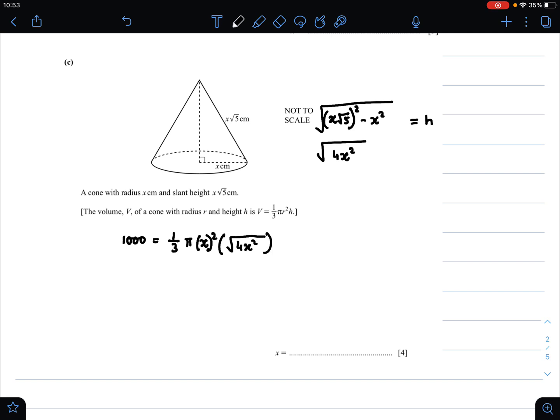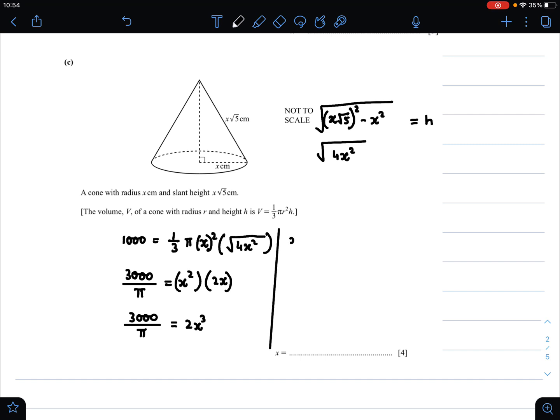Now we can take 1 by 3 pi to the other side of the equation, so it will become 3000 divided by pi is equal to x square multiplied by root of 4x square, which is equal to 2x. So 3000 by pi is equal to 2x cube.